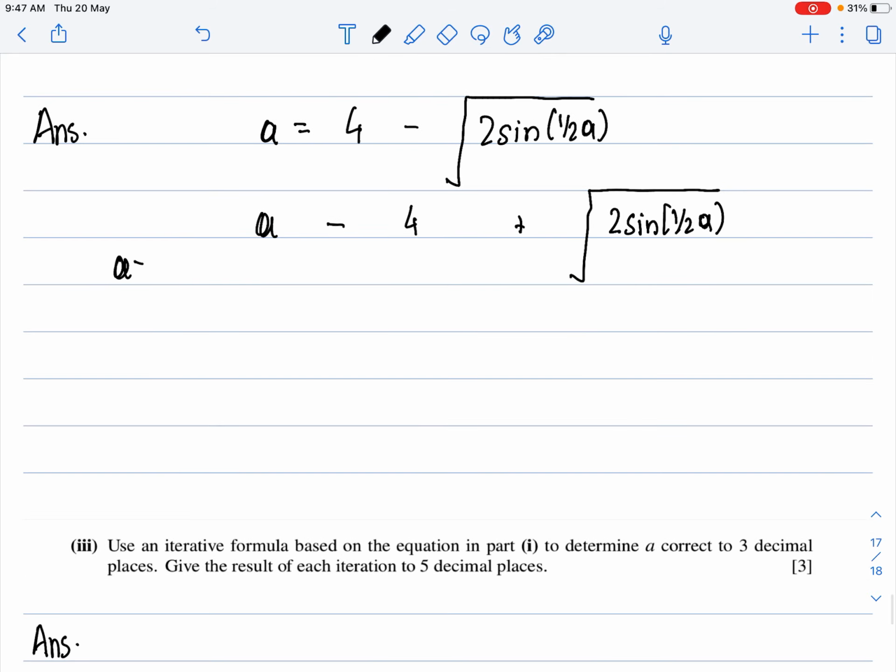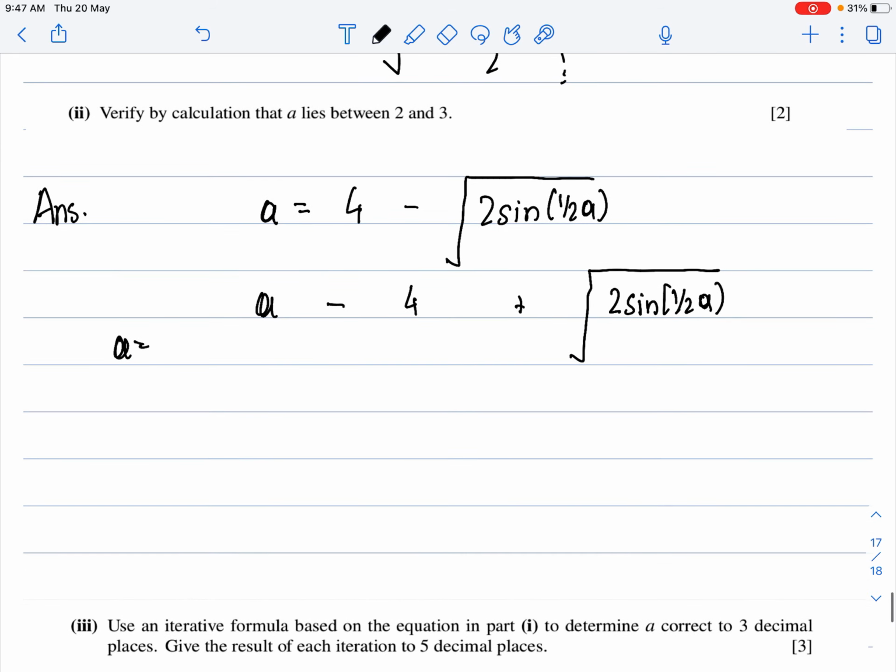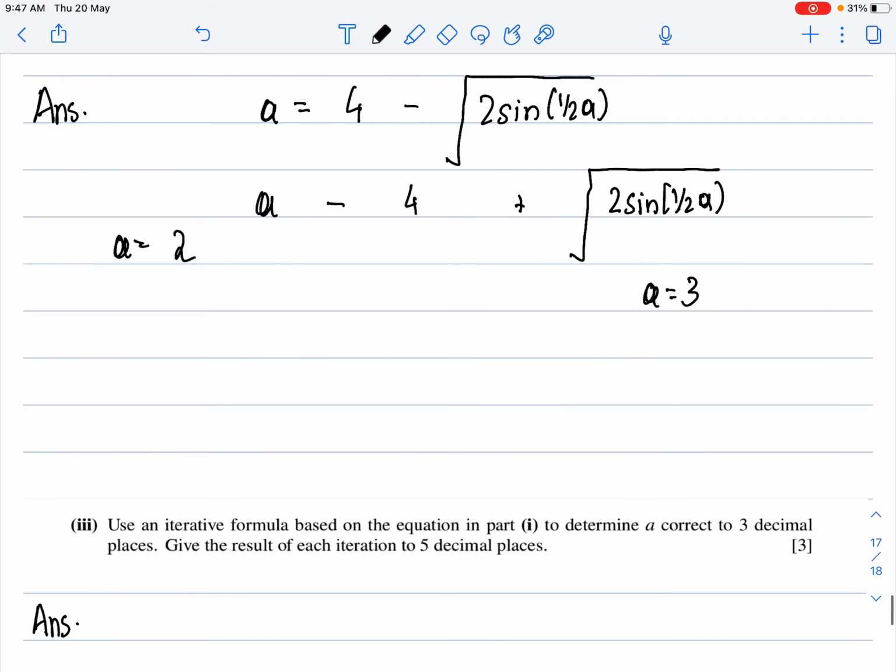Now I can say my a is equal to 2 and here is equal to 3. So in the place of a, I substitute 2. So I get 2 minus 4 plus root of 2 sine half into 2.